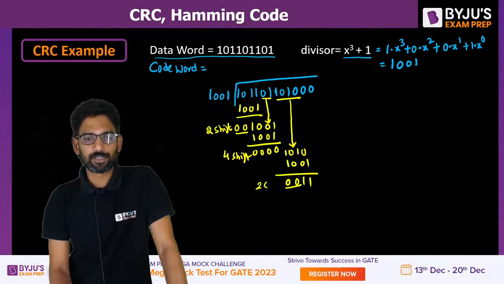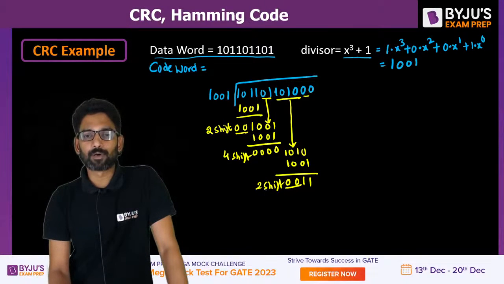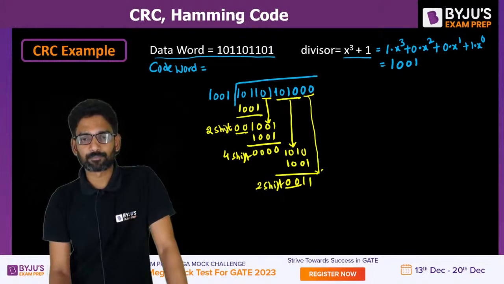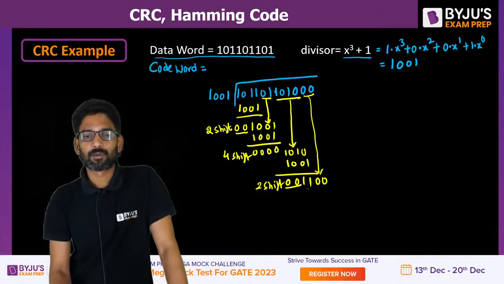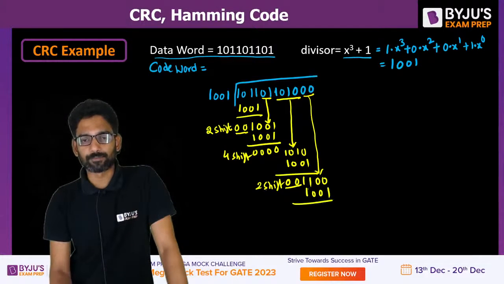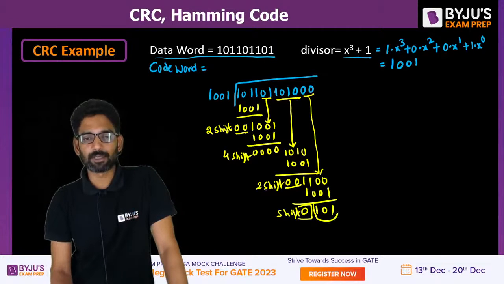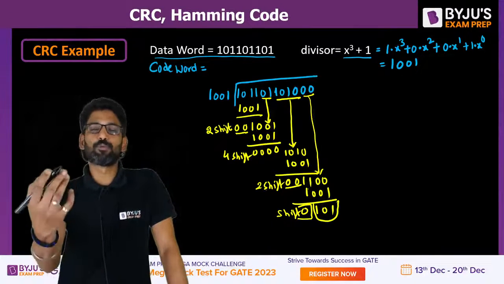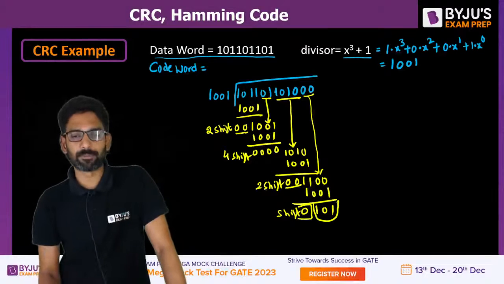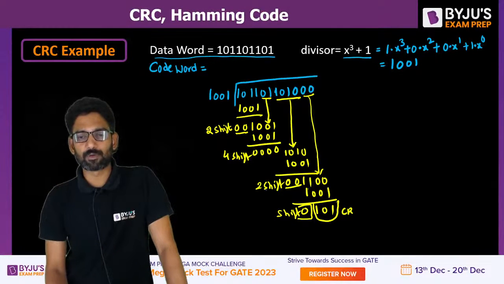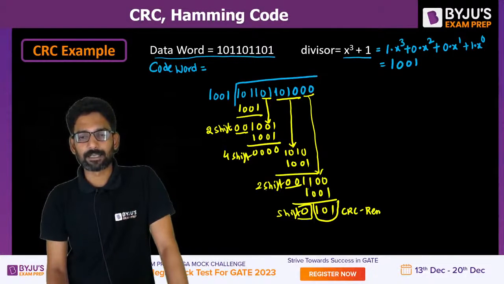So shift these 2 bits and borrow these 2 bits. 1001, 0101. Shift this bit. So when you shift this, we have 101. There are no more bits to borrow, so here we end. This 101 is what we call the CRC remainder.